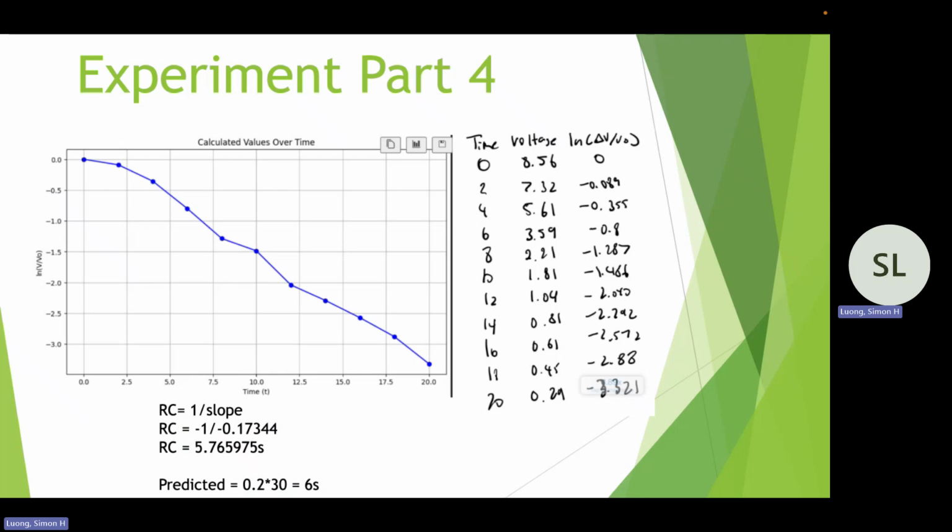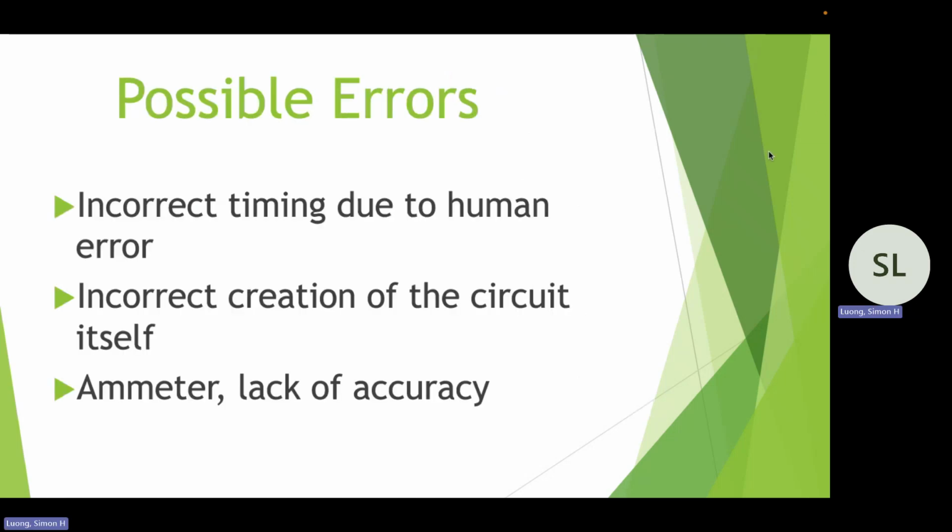Taking that change, I went from 0 to negative 3.32. And then I also graphed that. You can see it has a downward slope. The time constant is defined by 1 divided by slope, equals negative 1 divided by negative 0.173, equals 5.7659. So this is a little different, which I'll get to. Why is possibly incorrect timing due to human error, incorrect creation of the circuit itself, and ammeter lack of accuracy.